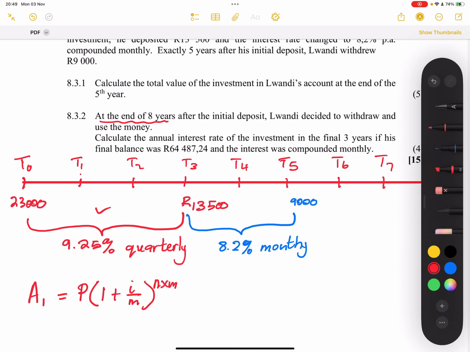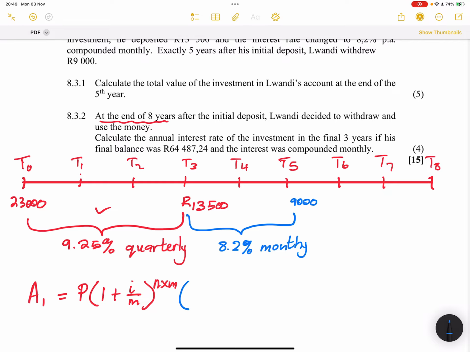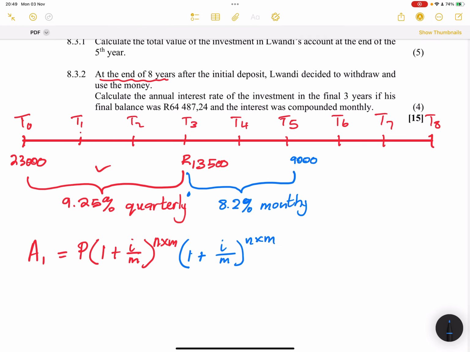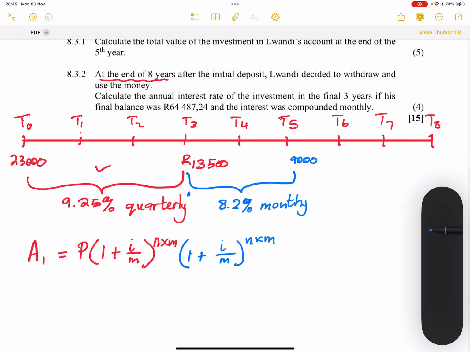But now it's also going to undergo that interest rate of 8.2%, so remember, whatever it accumulates to also now goes through that interest rate change. That's another n times m. But I'm trying to show you how those are different.